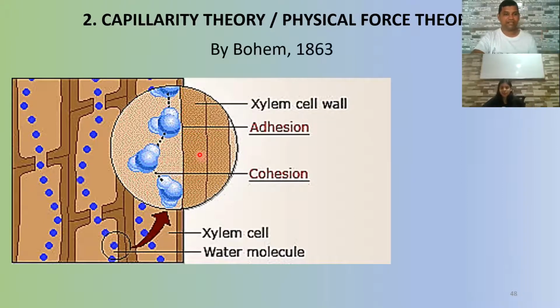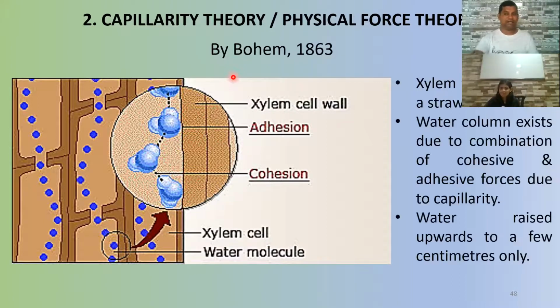What does this theory say? This capillarity theory or physical force theory was put forward by Boehm in 1863. The theory says that the xylem vessel will act as a straw. I told you one example, if you remember, while having coconut water you put the straw and water will enter the straw.